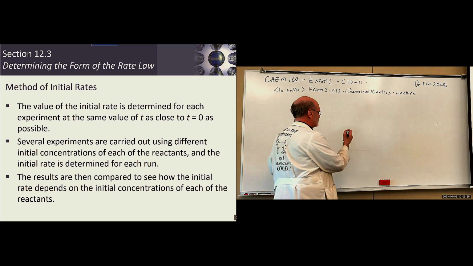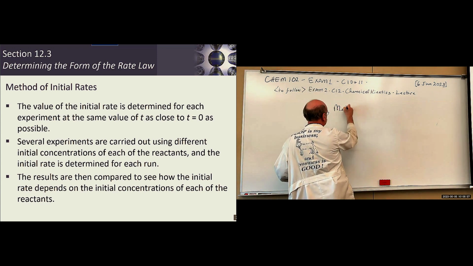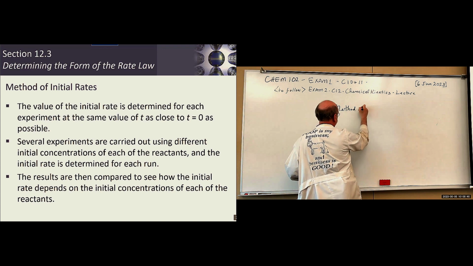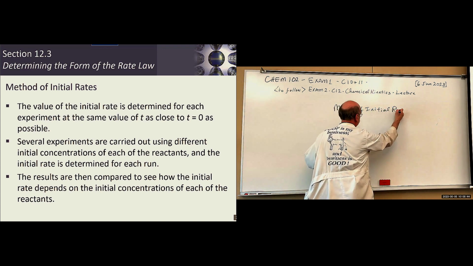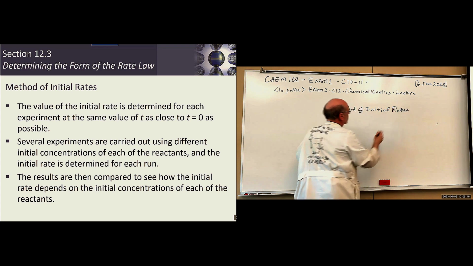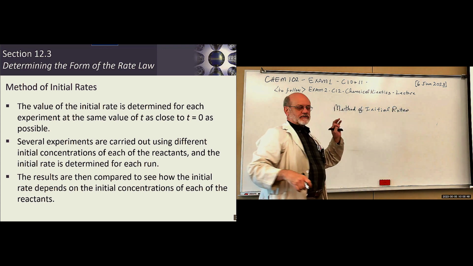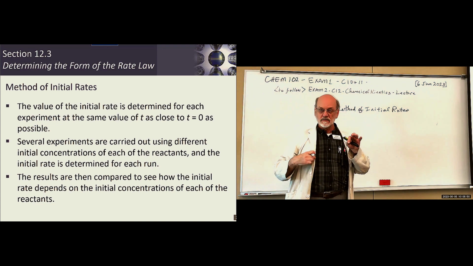Usually for this method of initial rates, you will have to determine 2 or more experiments.